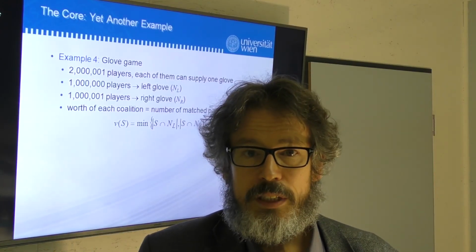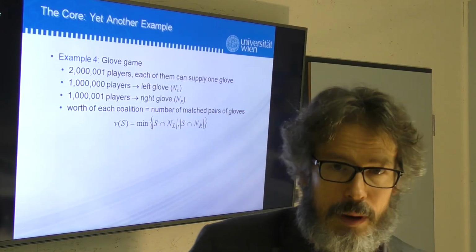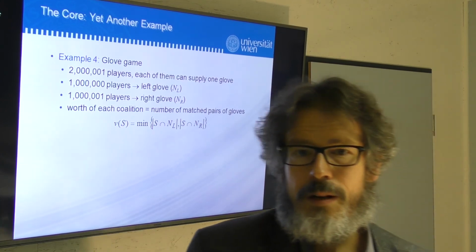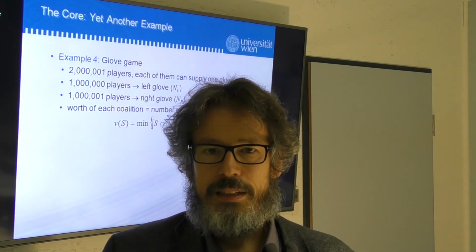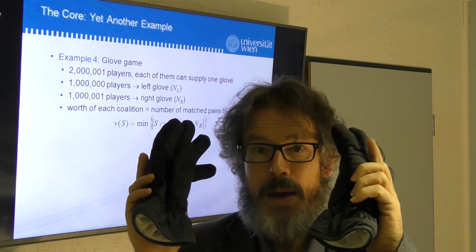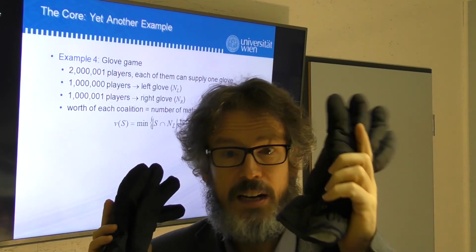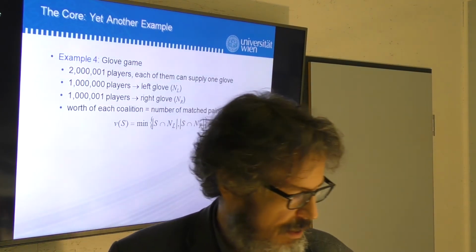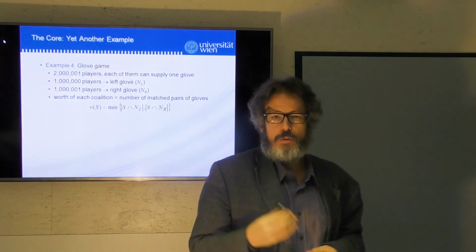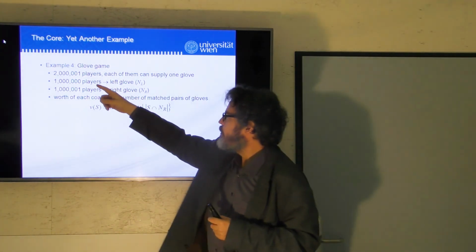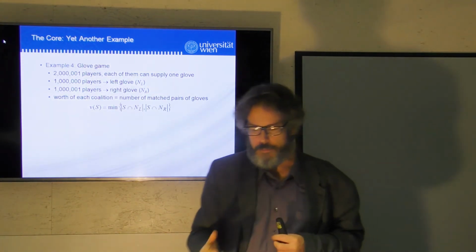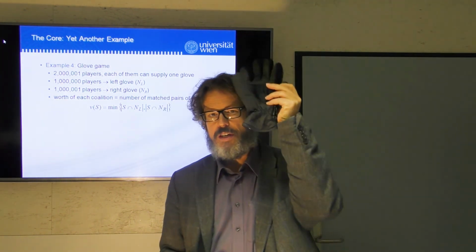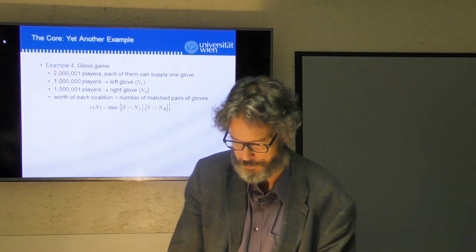We're now introducing another game as a new example, the so-called glove game. So you know that gloves come always in pairs, and they are only useful if you have a left glove and a right glove. So imagine the following situation. We have 2,000,001 players, and each of them can supply 1 glove, either a right one or a left one.